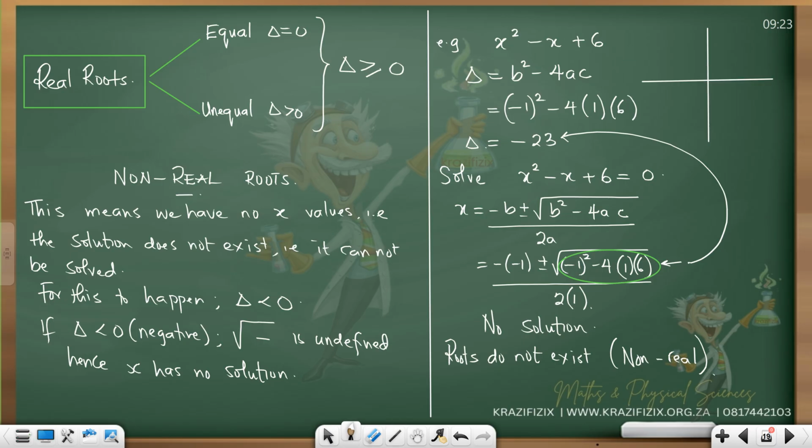My a is positive, so it would look like this. Non-real. That's what it would look like. It is not touching the x-axis.